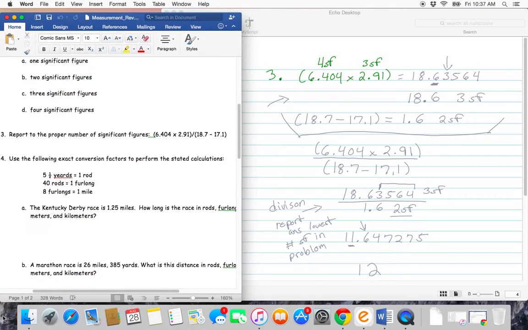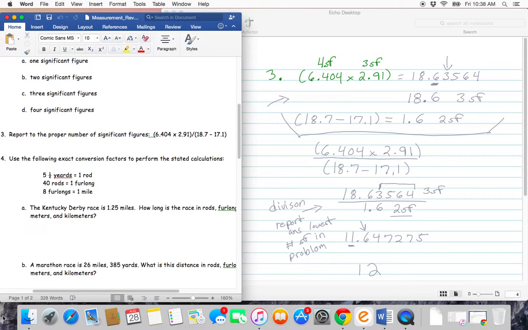Now, the rules as they pertain to dimensional analysis, when you are multiplying, say that you multiply, and then you round to the lowest number of significant figures of any number involved in this computation. Since there are only 2 numbers, all we have to do is compare these two, and we see that 3 significant figures is the lowest amount, so we must round to 3 significant figures.